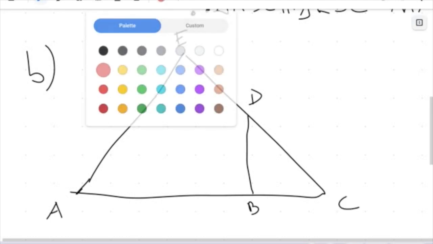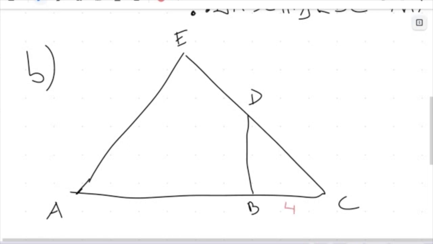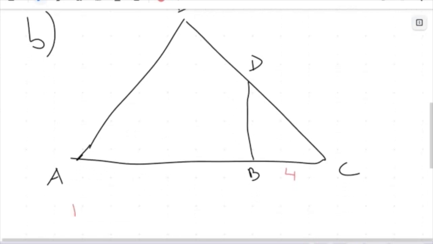This length is 4 from B to C. This length is 18. This length is 6. And this length is 12.